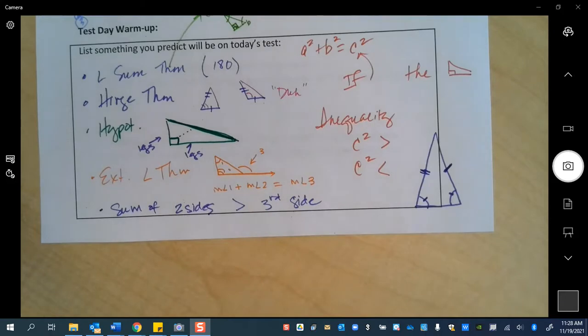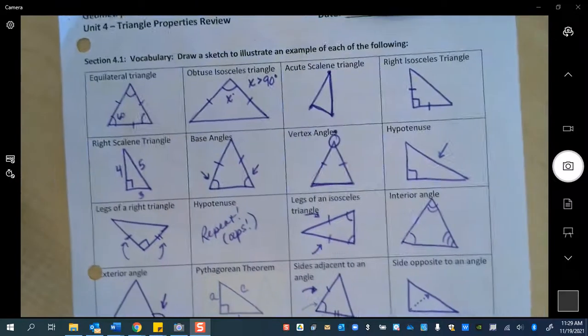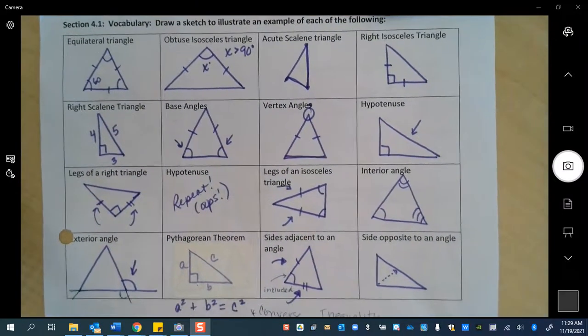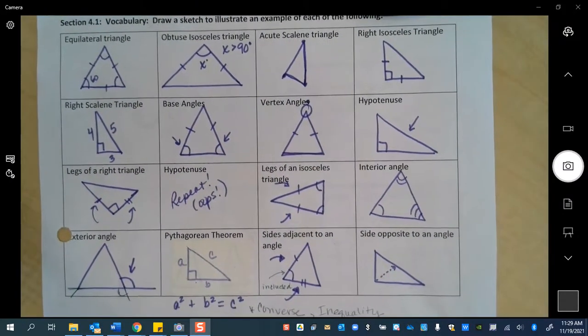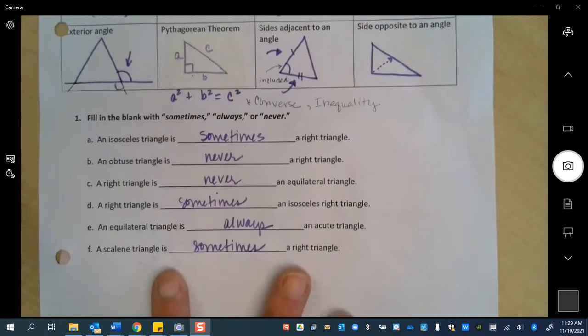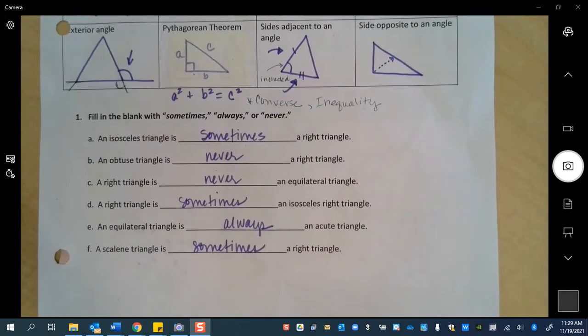All right, let's take a peek at the review packet. Kind of go through that fast. Anybody have any questions on these pictures? Anything you want to talk about, further explain, you couldn't get, you want to go over? Everything good? All right, how about these sometimes, always, nevers? How you feeling about them?